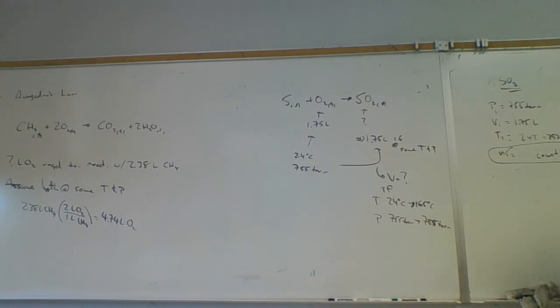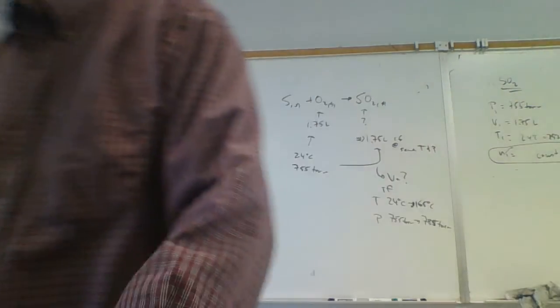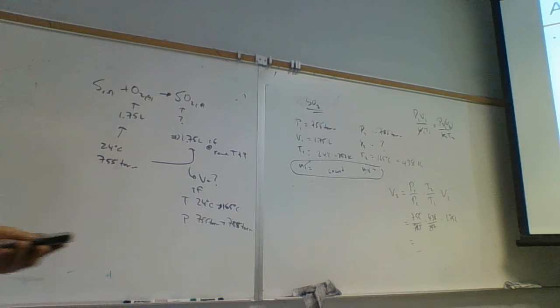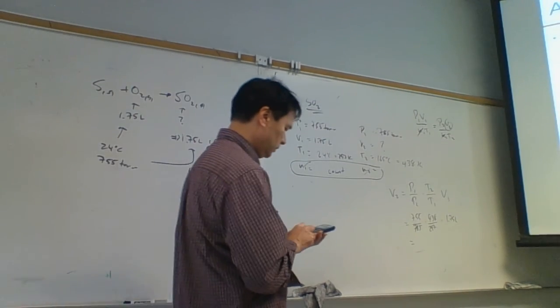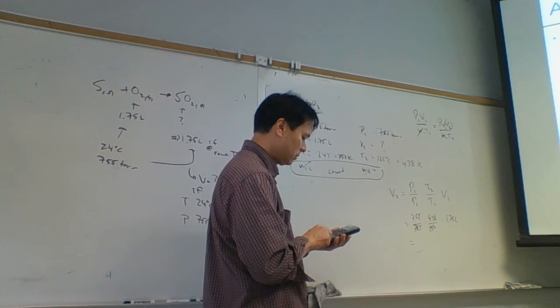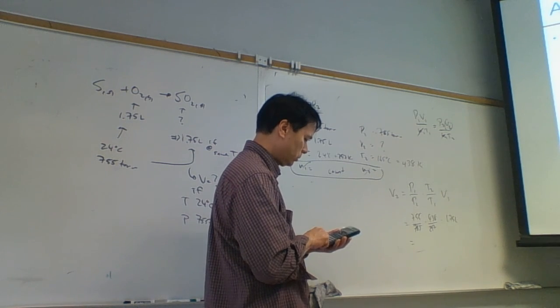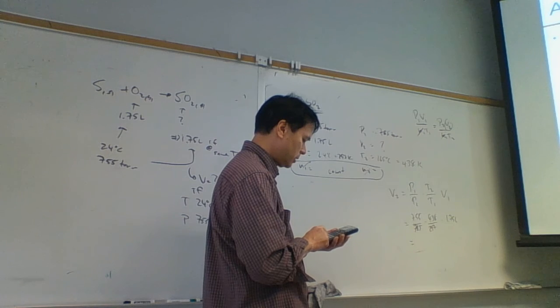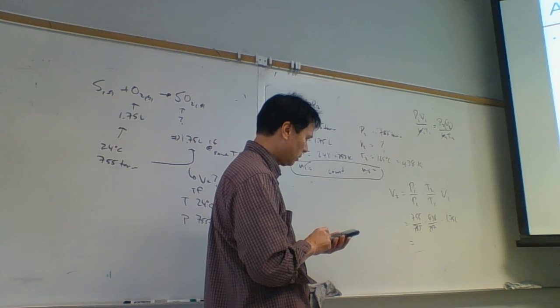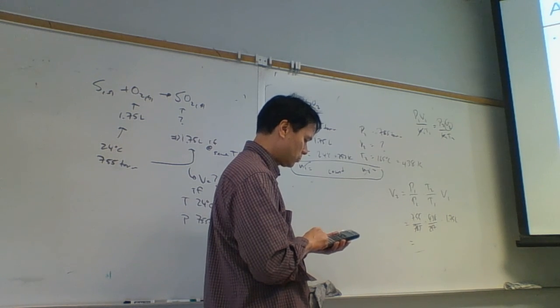So let's go ahead and calculate that. So 755 divided by 785. So the pressure should shrink it down, times 438 divided by 297. The temperature should expand it, times 1.75.